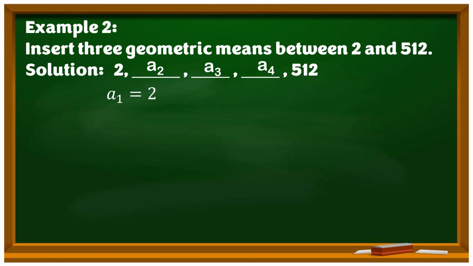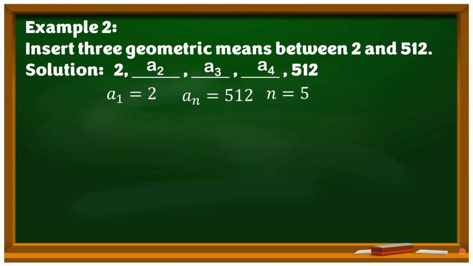The first term is 2, and the last term is 512. The value of n is 5 because we have 5 terms in the given geometric sequence: 1, 2, 3, 4, 5. So the value of n is 5.